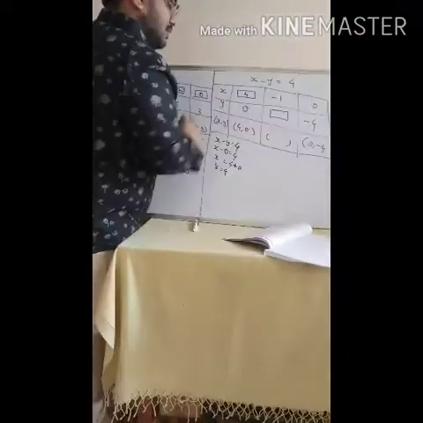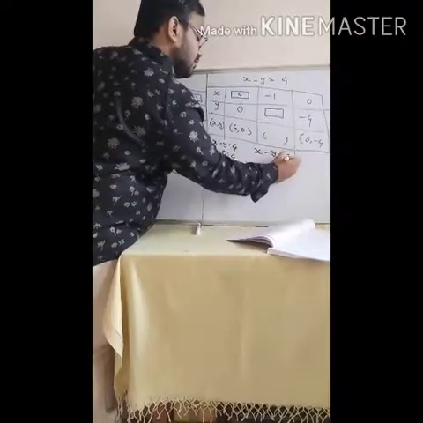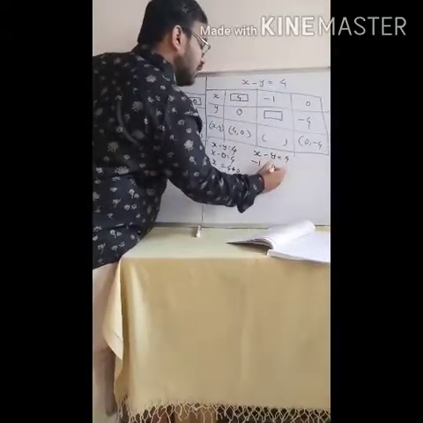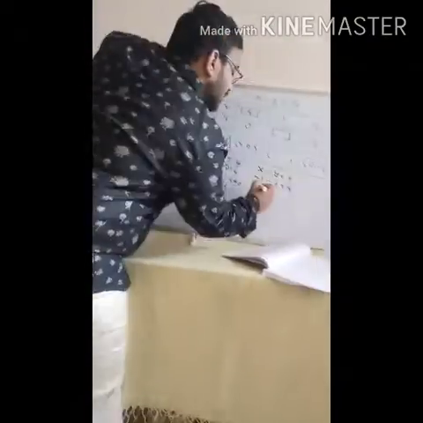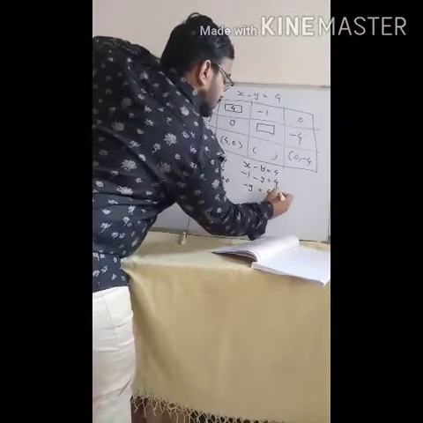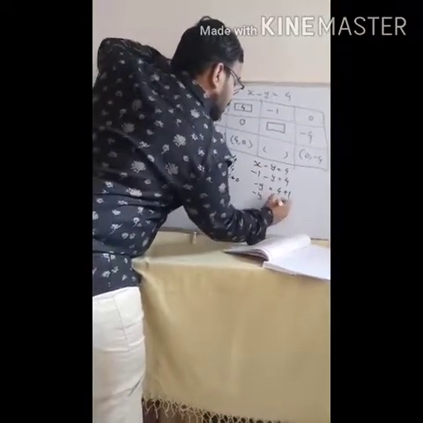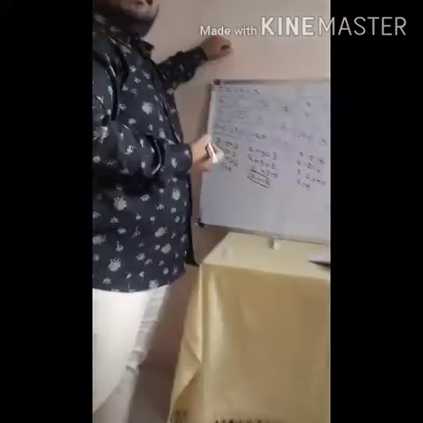Next, here they have given x is minus 1. Put minus 1 minus y equals 4. Now keep minus y on one side here. 4 plus 1 will go to that side. Minus y will become 5. So therefore y will become minus 5.